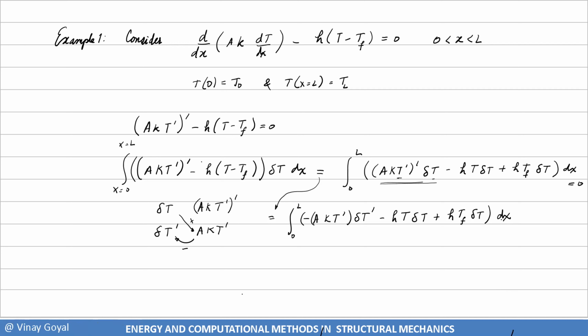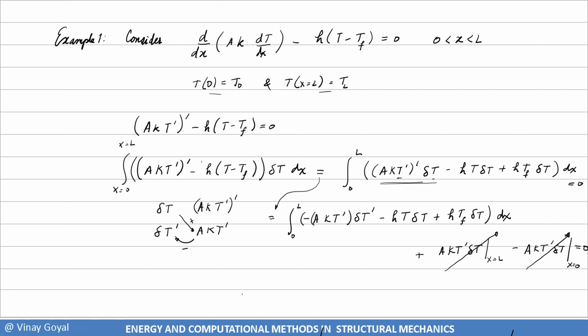And now I have the boundary terms, plus, occurring at x equals L, and this occurring at x equals 0. Note that the temperature is specified at both boundaries. So del T has to be 0 at this boundary, and del T has to be 0 at that boundary.